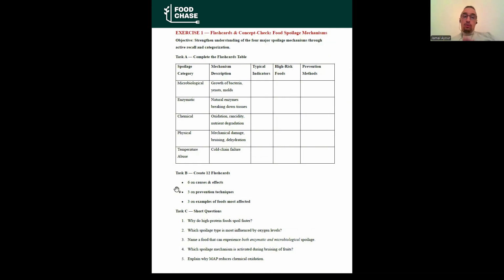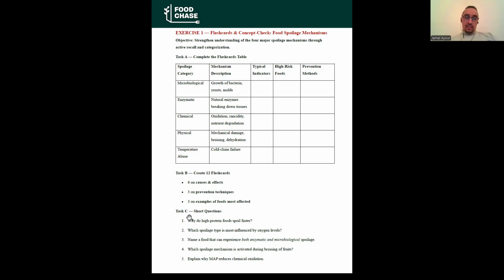On the front write the concept, on the back the explanation. Make six cards about the cause and effect, for example, and then three about prevention methods and three about food examples.